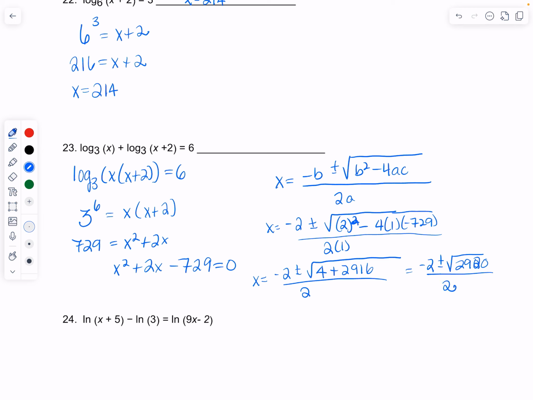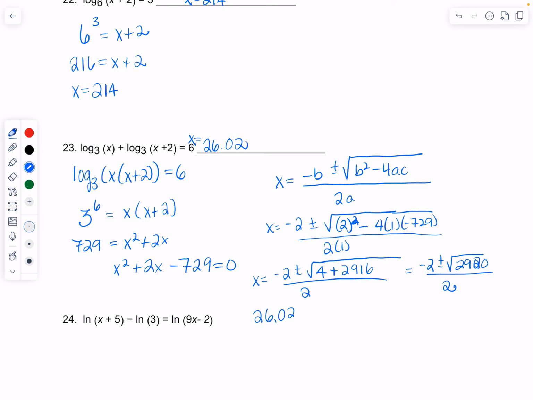Let's figure out what the two answers are. The first time around, I'm going to use parentheses in the calculator, negative 2 plus the square root of 2,920, end those parentheses and divide that by 2. When I do that, I get a positive value of 26.02. So 26.02 is one answer.